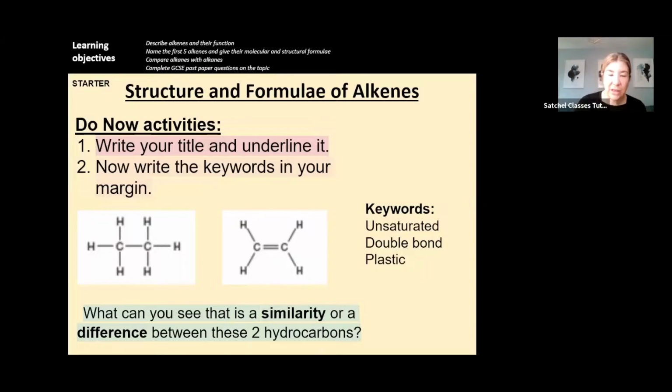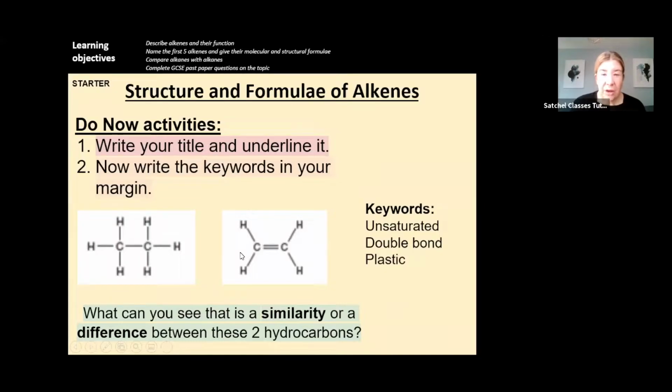Hopefully you're looking at these 2 and thinking, right, what is the similarity and difference? The similarity could be that it's got 2 carbon atoms, or that they both contain carbon and hydrogen only. A difference should be coming to light. A quite obvious one is the bond in between the 2 carbons.